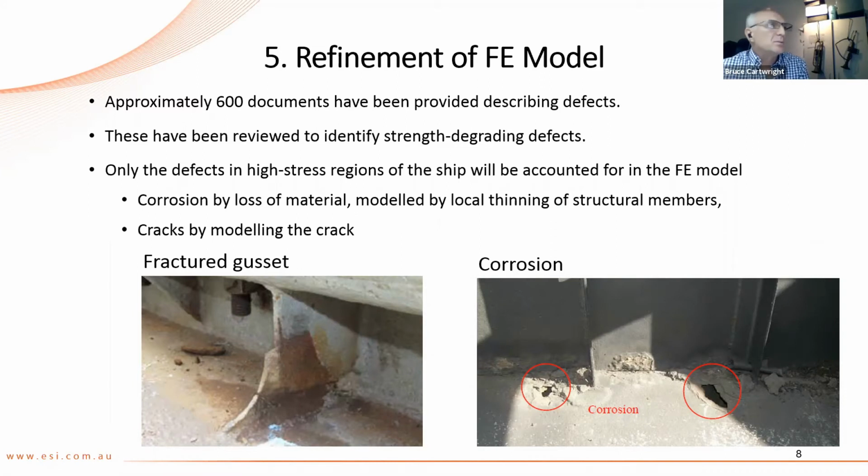So we've had access to a large number of reports from the surveys of the boats that identify the kind of degradation that can occur. And the plan, the aim, is to model this sort of degradation in our models such that we can actually see the increase in stress associated with this, either a loss of material in the case of corrosion or these actual cracks in a structure.